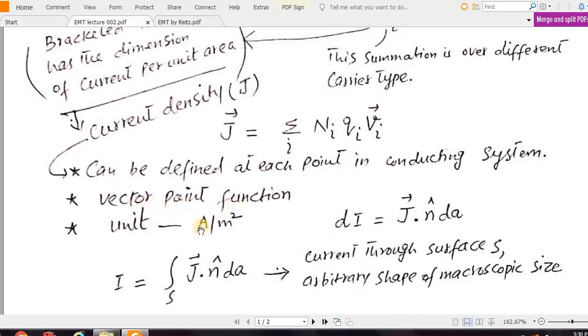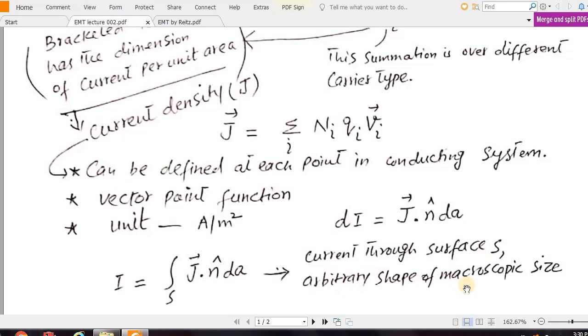Its unit is ampere per meter square. Now, the equation of current in terms of current density is written as dI is equal to J dot n into dA. Now, integrating on both sides, I is equal to the integral over the surface S of J dot n dA. This equation is for current through the surface S of arbitrary shape of a macroscopic size.